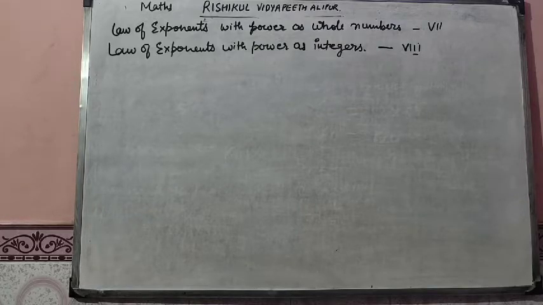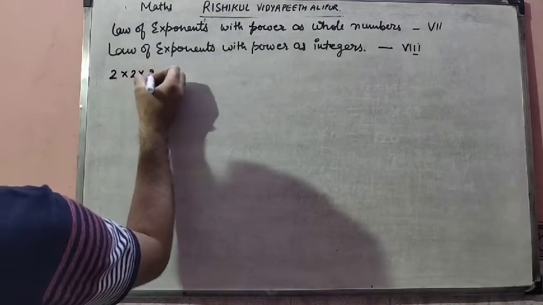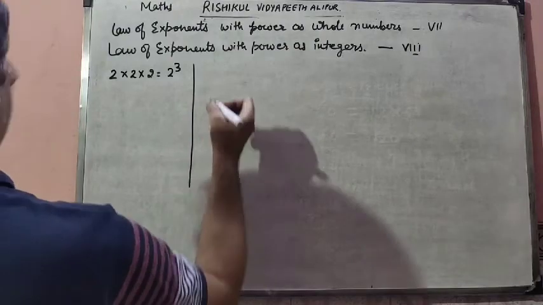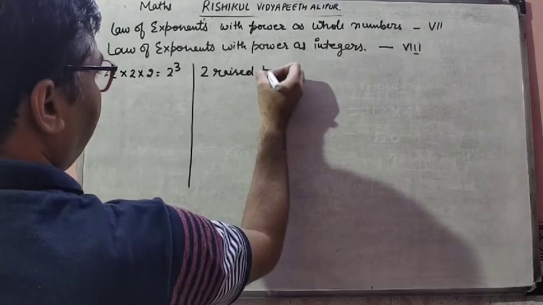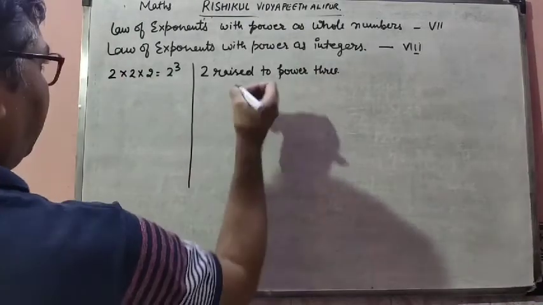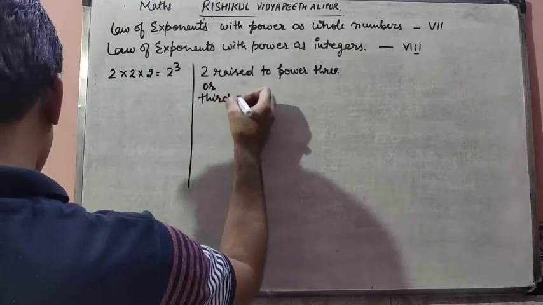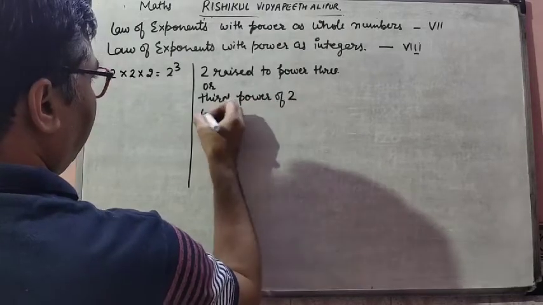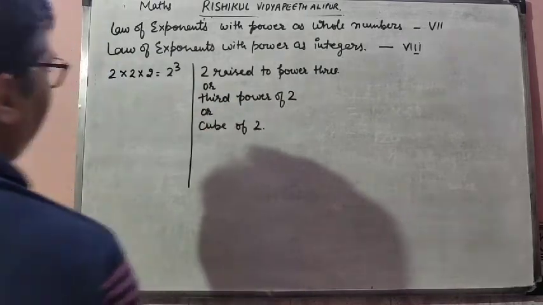We all know that if I have to write 2 into 2 into 2, I can write it as 2 raised to power 3. How will I read it?